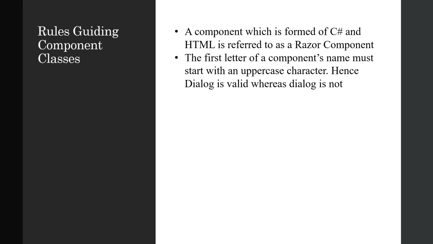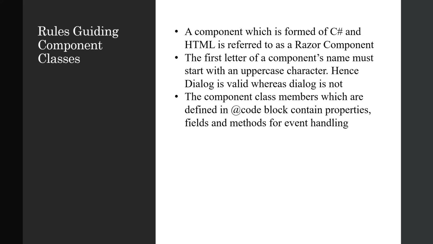The first letter of a component's name must start with an uppercase character. Hence, capital D in Dialog is valid, whereas lowercase d in dialog.razor is not. The component class members defined in the @code block contain properties, fields and methods for event handling.